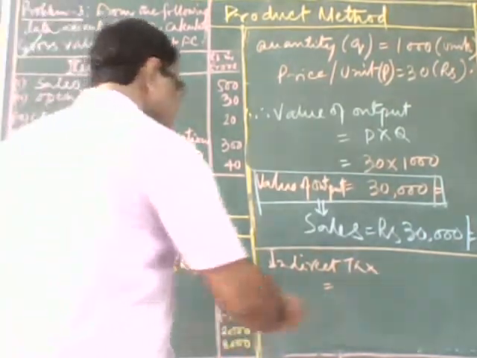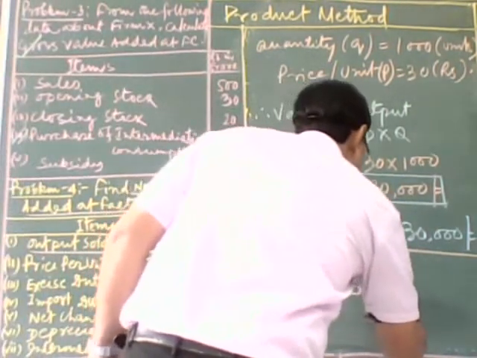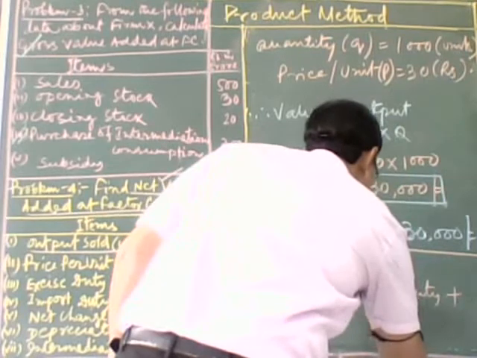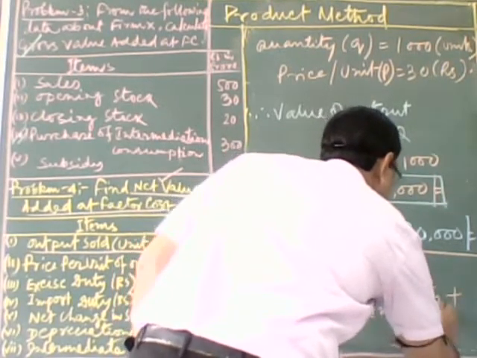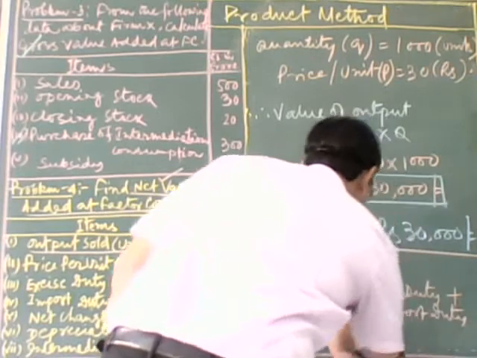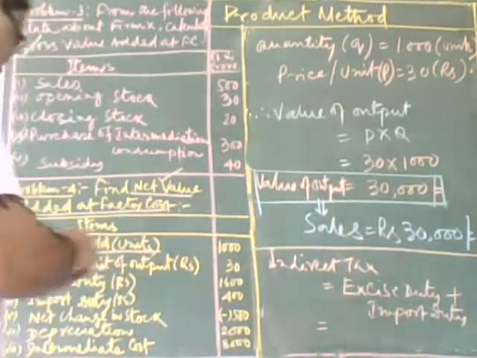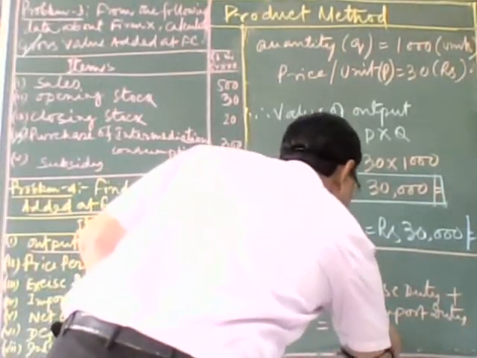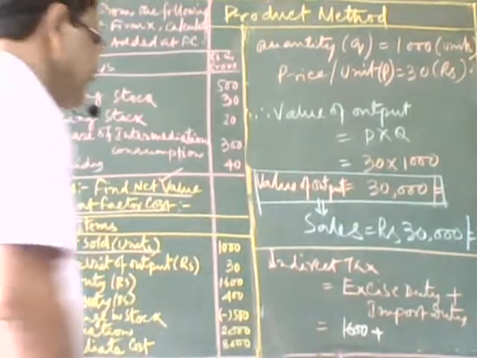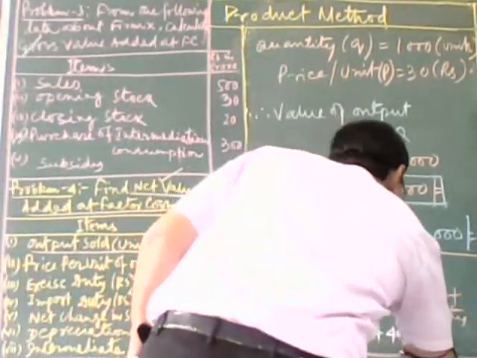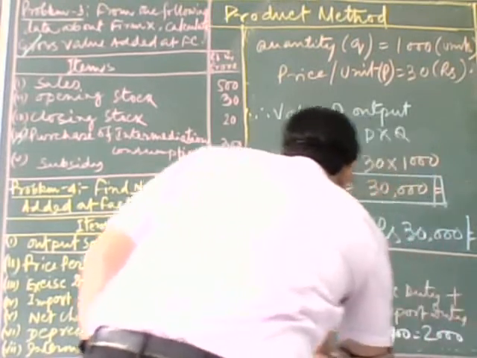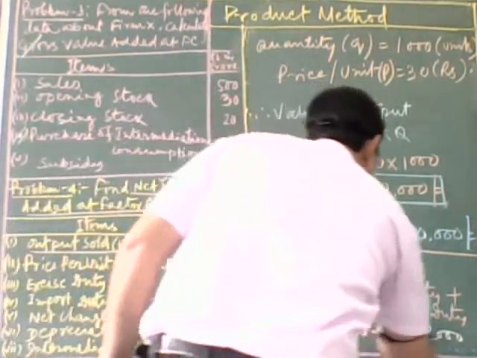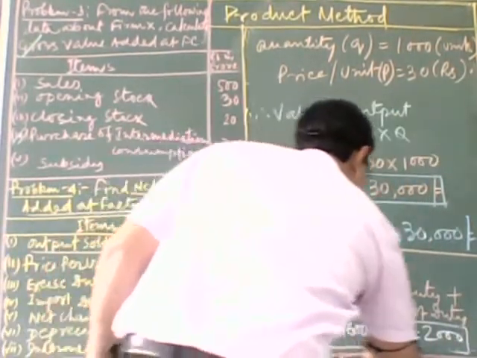The indirect tax is equal to excise duty plus import duty. The excise duty value is 1600 plus import duty is 400, is equal to 2000. Therefore, indirect tax, that is IT, is equal to 2000.